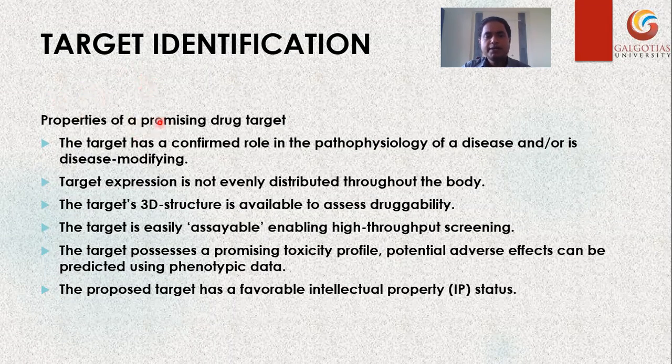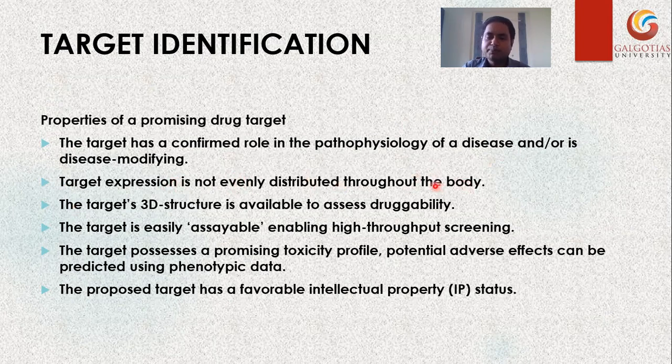So the property of a promising drug target is that the target has a confirmed role in the pathophysiology of a disease and/or is disease modifying. So a target should have a confirmed role in the pathophysiology of a disease. If a target is not directly correlated with the disease, it cannot be a potential target. The target expression is not evenly distributed throughout the body.